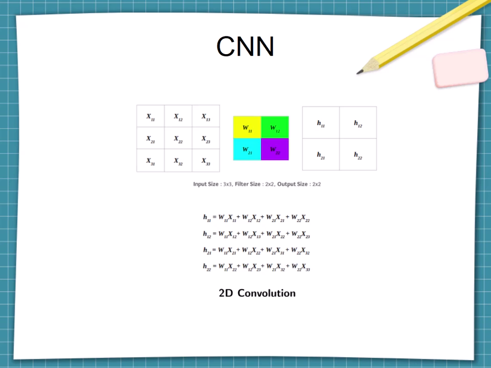Actually, we are taking the inputs x11, x12, x21, and x22, and doing some calculation with the filter, and we are getting h11. Similarly, we get h12 from inputs x12, x13, x22, and x23, and similarly h21 and h22. Here are the equations you can see on the screen for calculating the output.